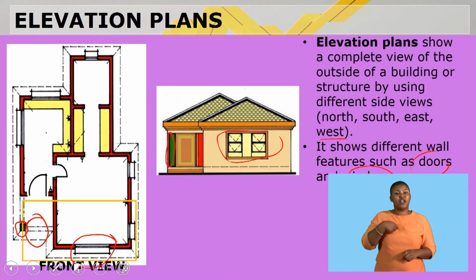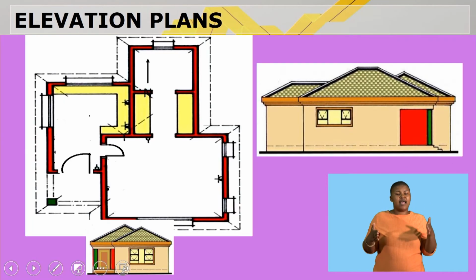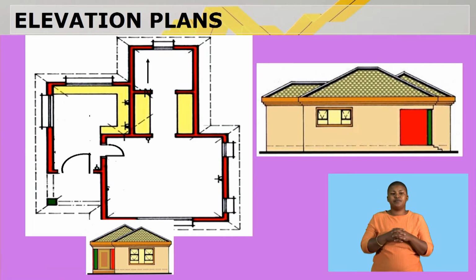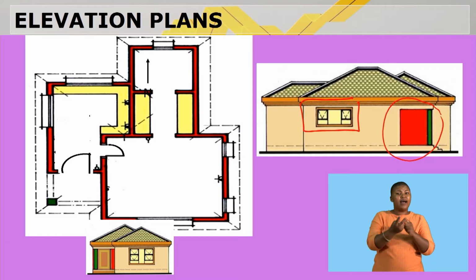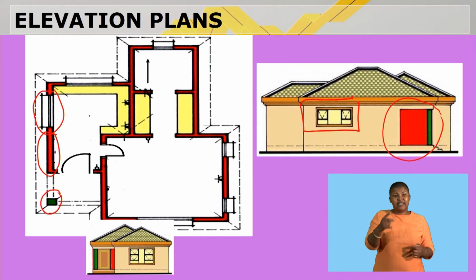Let's look at other sides of the house. Now, if we look at this side of the house, what do we see? We see the side of the door and also a window. So, what's going to happen? Here, you see the orange painted part of the door and the green pillar and a window.